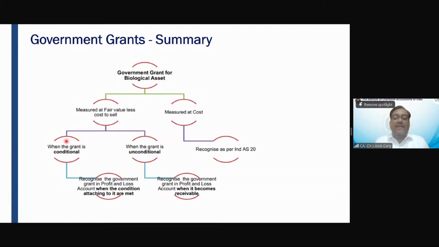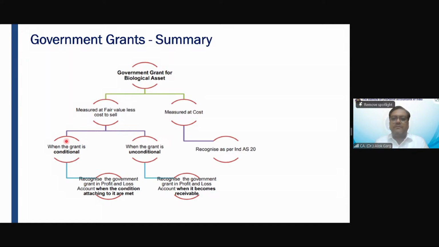For example, on 28th February, the government has announced this grant, and on 15th of March, the government has issued a letter to Parag Milk and Food Limited that we are giving you a grant of rupees 5 crore. And this grant was actually received on 15th of April. So whether the accounting will happen in the last year or in the year in which the grant is received?